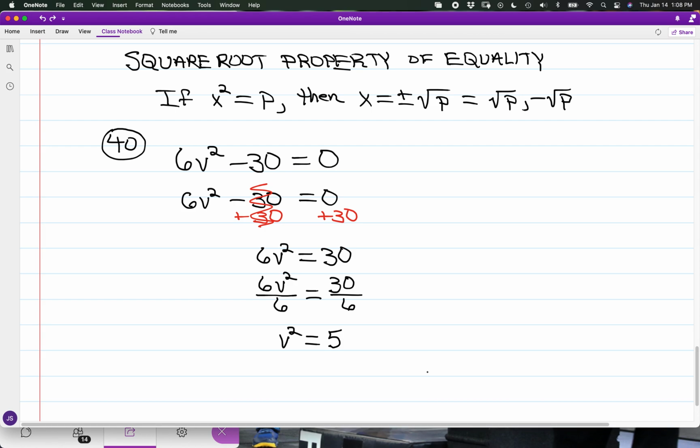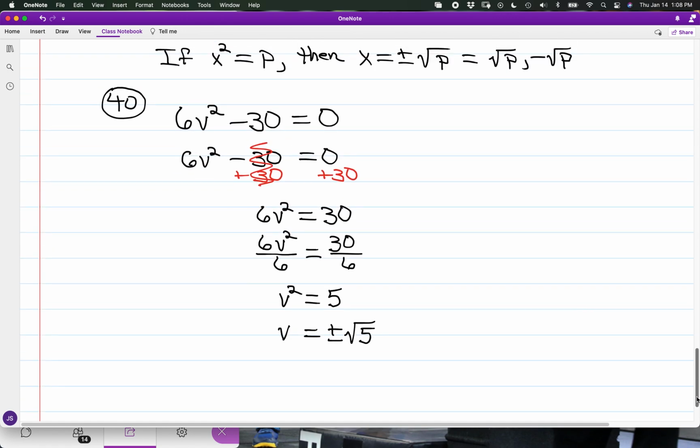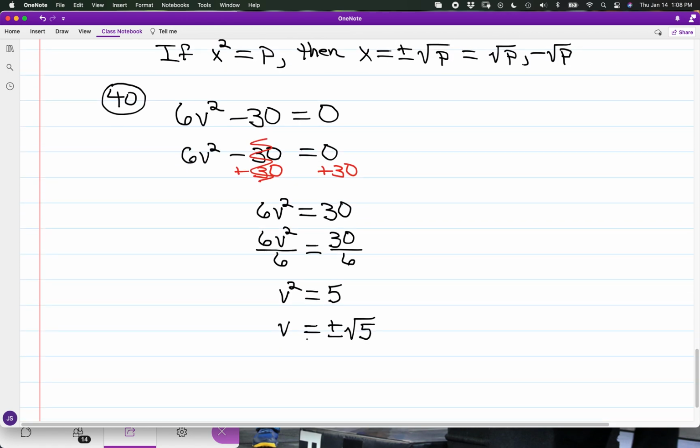Now we have x squared equal to p. So x squared is represented by v squared, and p is represented by 5. If we go from v squared to v, with p represented by 5, we go to plus or minus the square root, so v is going to be plus or minus the square root of 5. 5 is a prime number, and this cannot be reduced to an integer, nor can you reduce the radical.